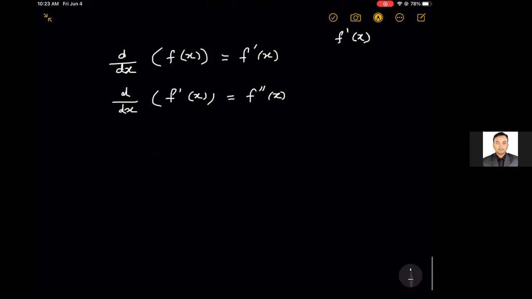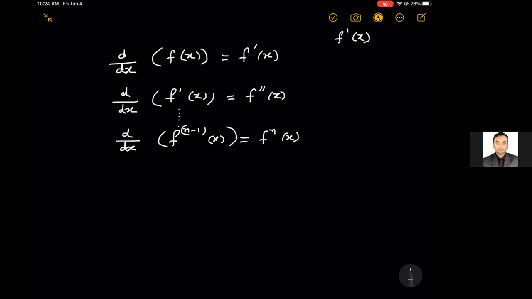So whenever you're trying to find a derivative, let's say the nth derivative, all you need to do is to find the derivative of the previous one. That's it. I should write the dots here.